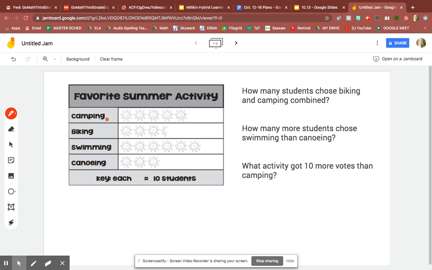So that means for camping, each of these suns is 10 students. So if we want to count that, we would go 10, 20, 30, 40, 50. So 50 students chose camping as their favorite activity. So I'm just going to go ahead and write 50 there.